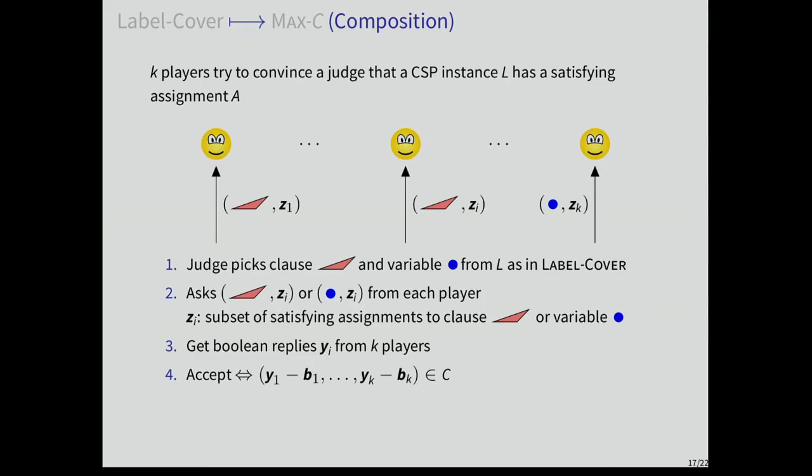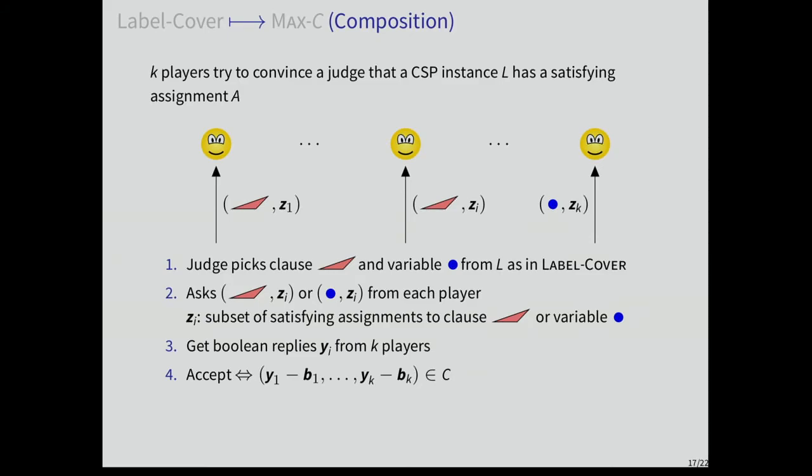Even though the players are given Boolean replies, they are actually playing the label cover game in disguise. And so we hope, this way, to translate the huge hardness gap of label cover into a hardness gap of our CSP instance. So here is how we translate the game.